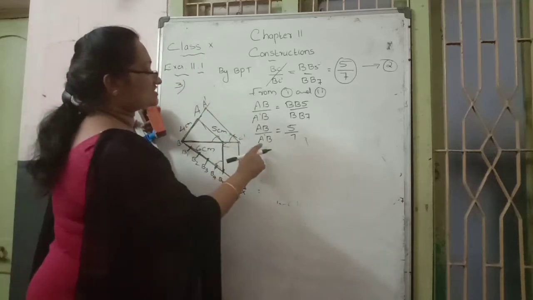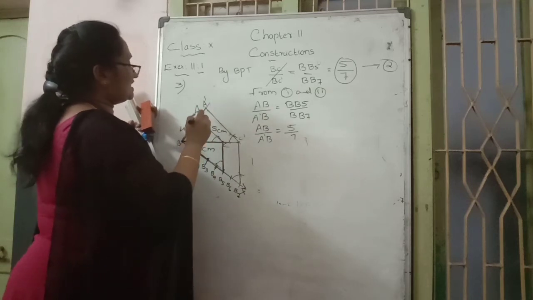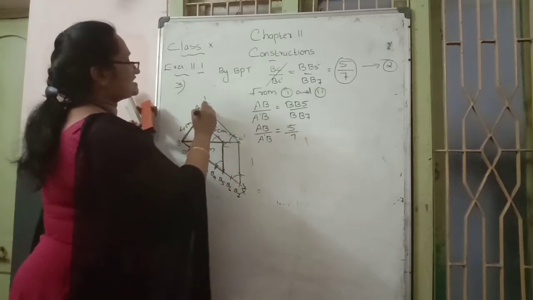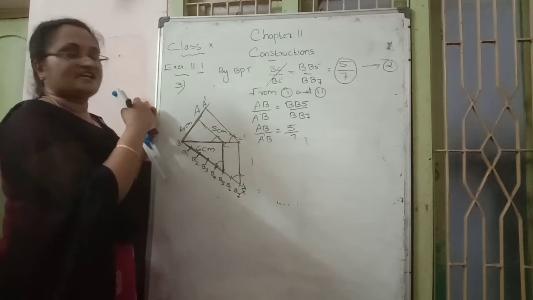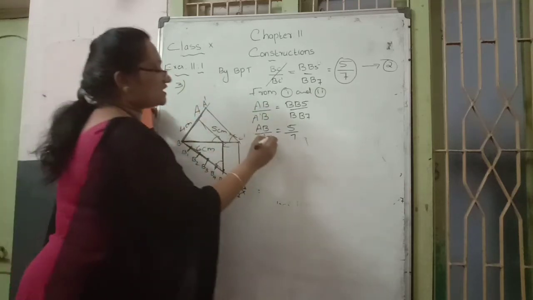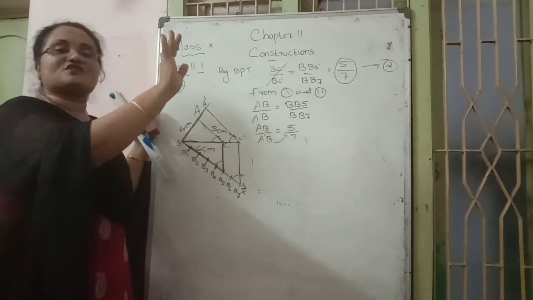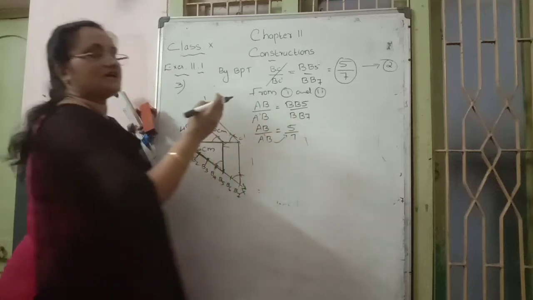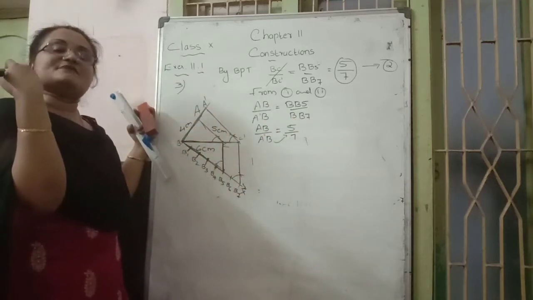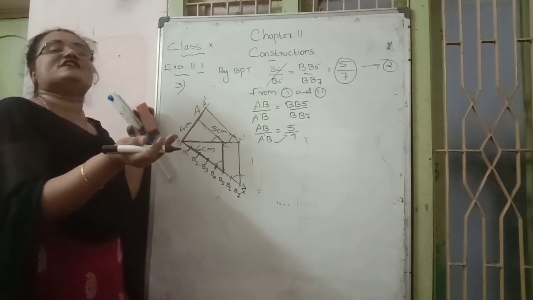A dash B is the side of the similar triangle, so that side should be equal to 7/5 times. That is why the similar triangle side is sent to the left side, and the fractional number 5/7 goes to the other side. Changing it, we can write 7/5.